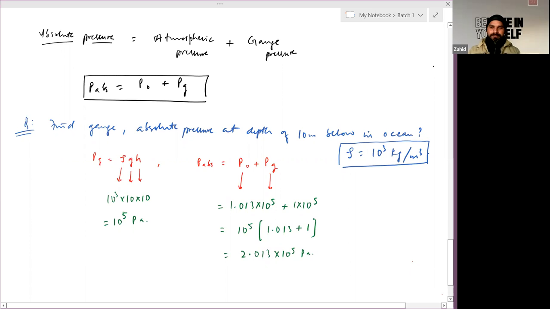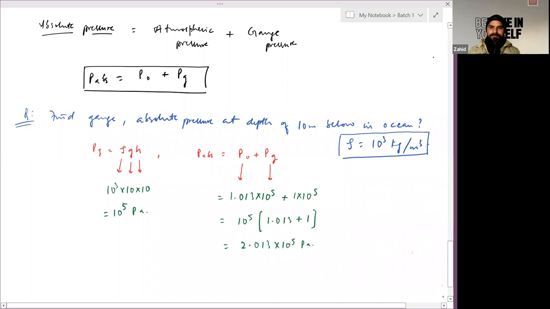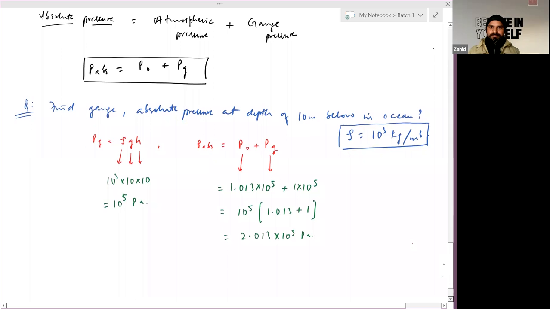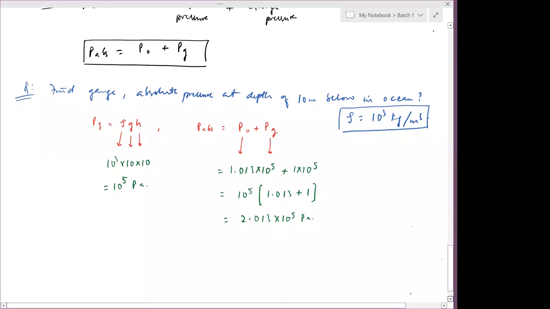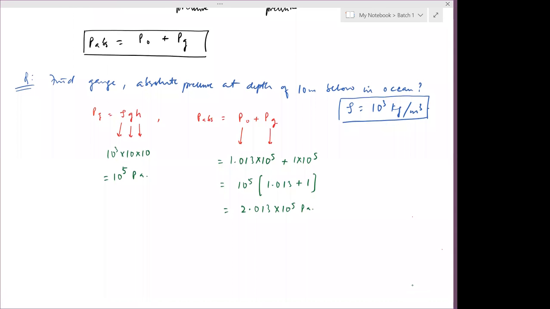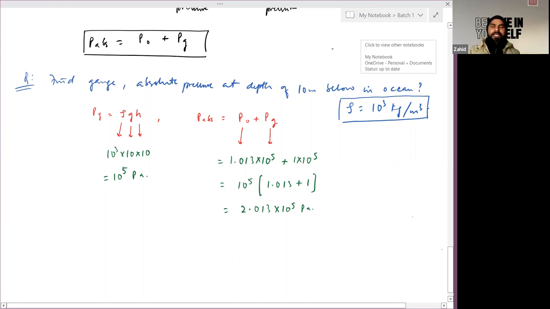Salman, is it clear? Yes, sir. Okay, do you have any doubt till this part in fluid?